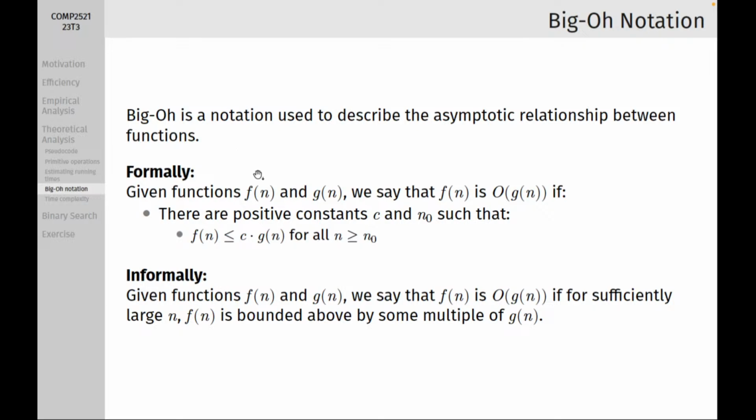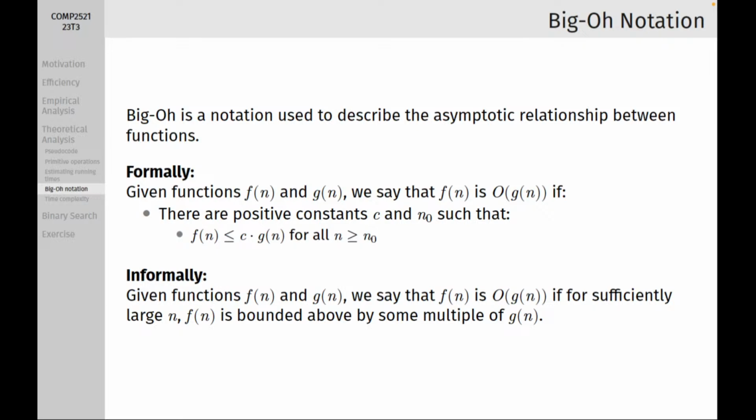So what is the formal definition of big O? If we're given 2 functions, f(n) and g(n), we say that f(n) is big O of g(n) if there are positive constants c and n0, such that f(n) is less than or equal to c times g(n) for all n greater than n0. That probably didn't make a lot of sense because it's a lot of maths.